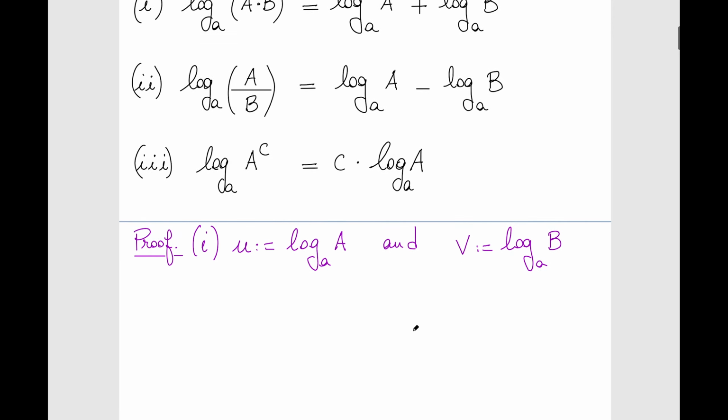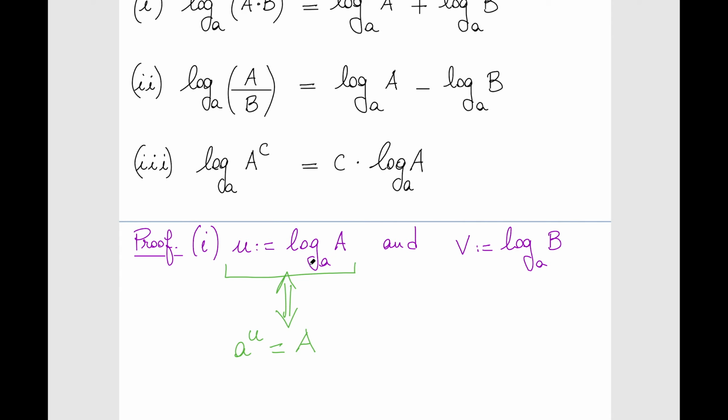What does this mean? Well, if u is the log base a of A, based on the definition of logs from the previous section, this is the same thing as saying that a to power u is equal to A. This is the definition of logs; we used to call one the equation in log form, and the other the equation in exponential form, and they are equivalent.